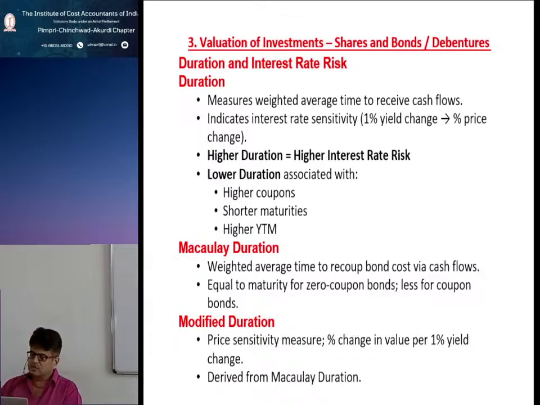Lower duration is associated with higher coupons, shorter securities, and higher YTM. Macaulay duration is one of the concepts, which means the weighted average time to recoup the bond cost via cash flows. It is equal to maturity for zero coupon bonds, and less than maturity for coupon bonds.